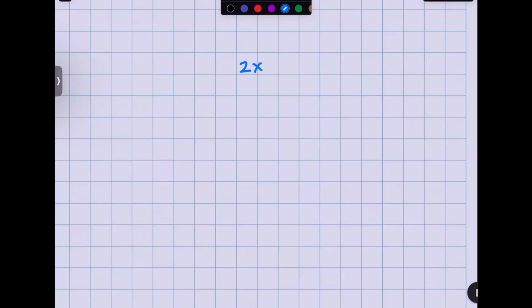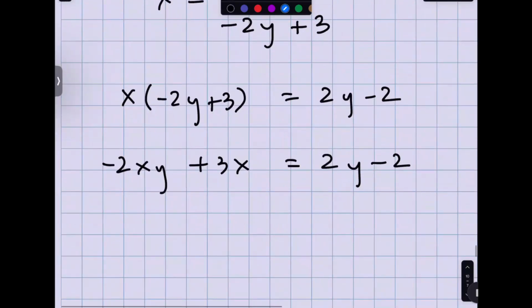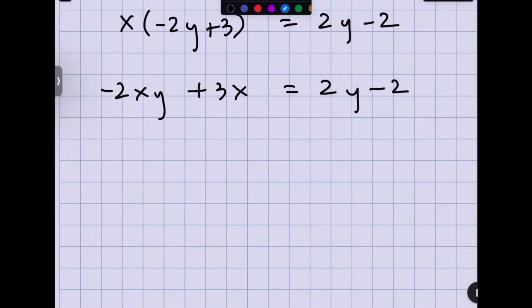If I said 2x minus 3 equals 3x plus 4, how would you solve for x? Subtract 2x on both sides, subtract 4 on both sides. Wouldn't you get all the x's to one side and all the numbers to the other, so that you have x equals negative 7? It's the same exact idea. I'm just solving for y. So I want to move the y's to one side and the rest to the other.